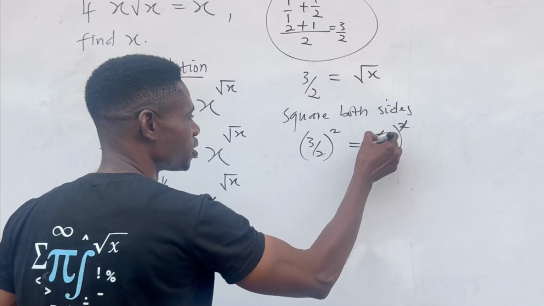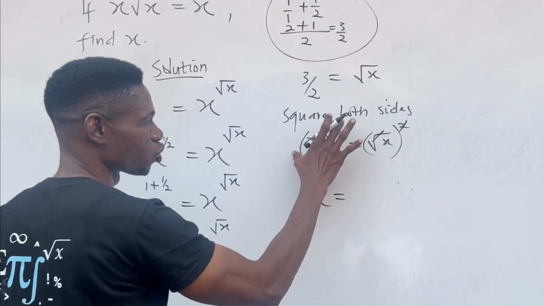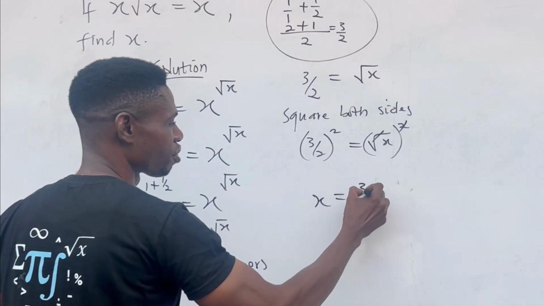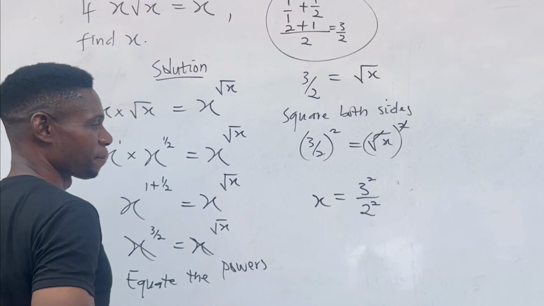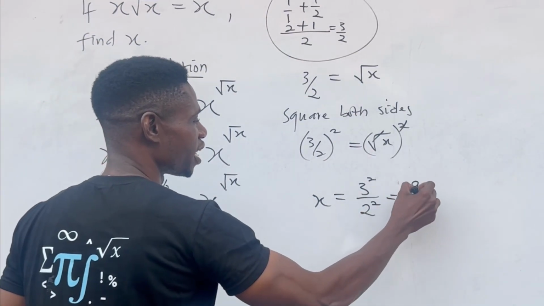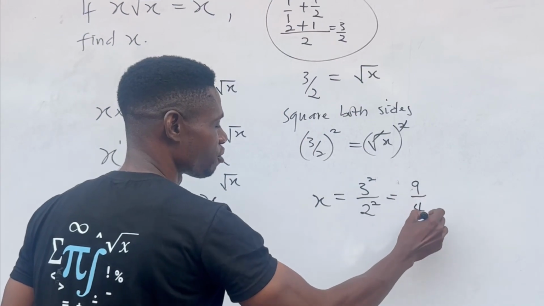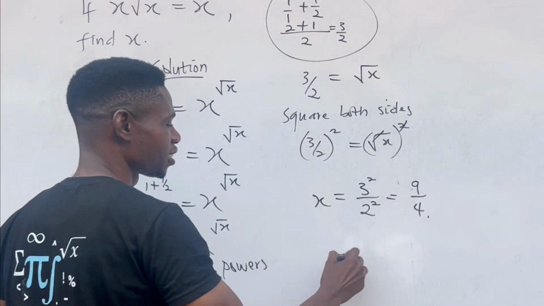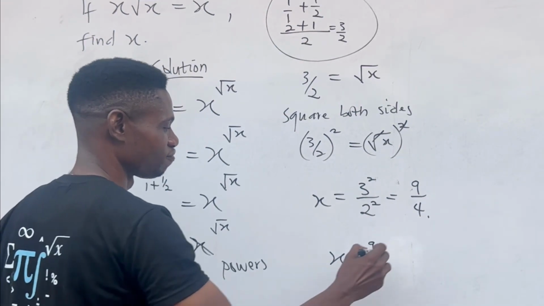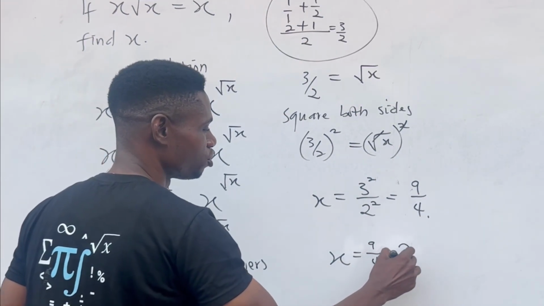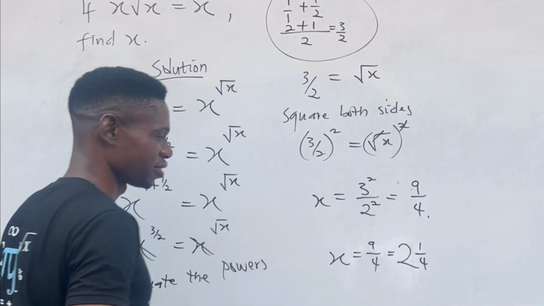So this cancels this, and what we have is x left equal to what we have here, which is 3 squared over 2 squared. And 3 squared is obviously 9. 2 squared is obviously 4. So our final answer for x is 9 over 4, or 2 whole number 1 over 4.